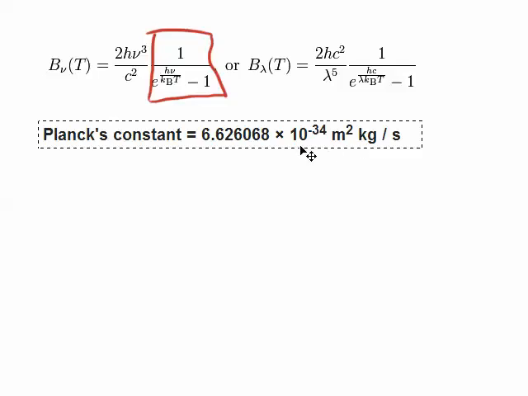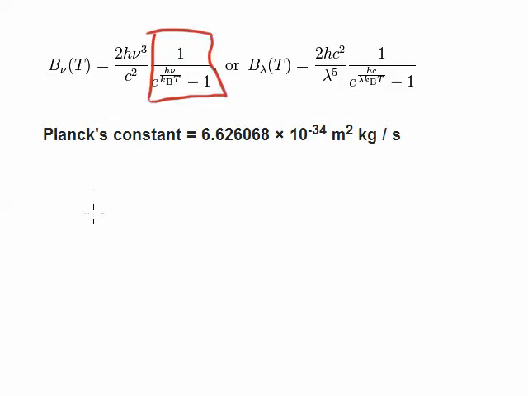Planck's constant is this crazy number, square meters, kilograms per second. Now, am I remembering correctly that is the units for angular momentum? Angular momentum, I think L equals the moment of inertia times, no, that's not right.